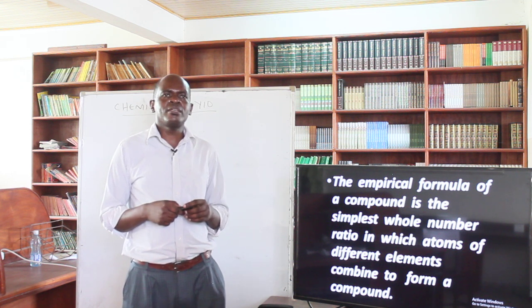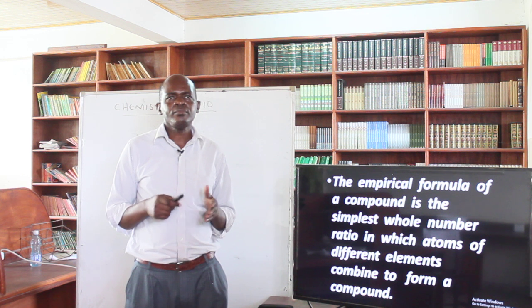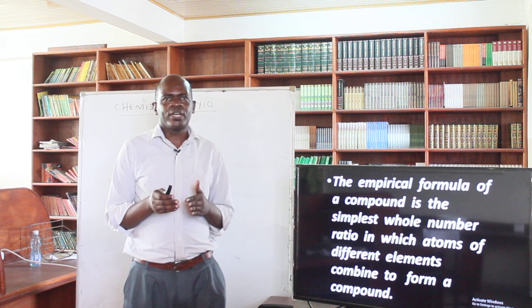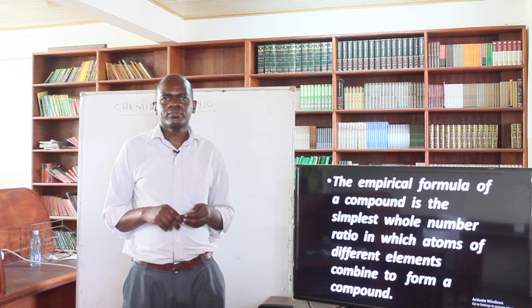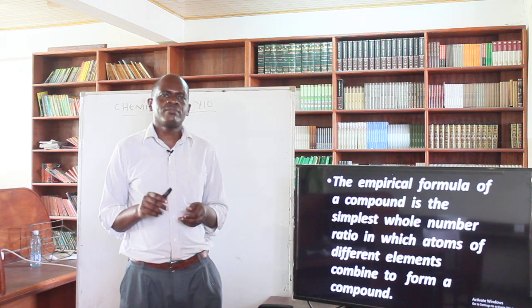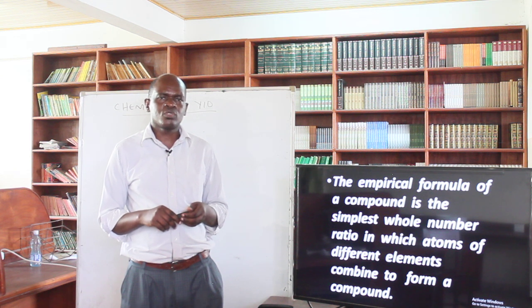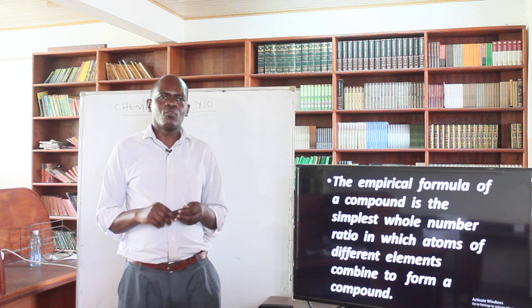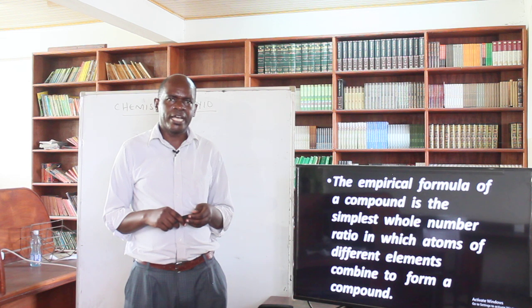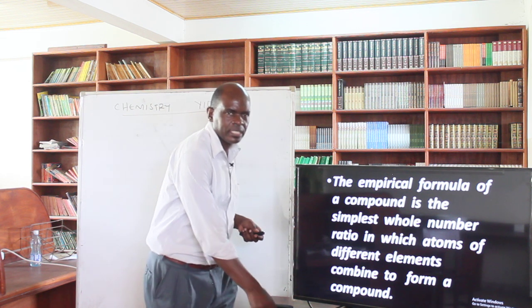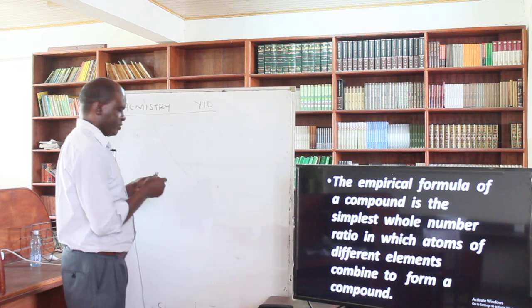Now, what this simply means is that, for example, in an ionic compound, if you have, let's say, sodium hydroxide, in sodium hydroxide as a compound, we have one atom of sodium, one atom of oxygen, and one atom of hydrogen.